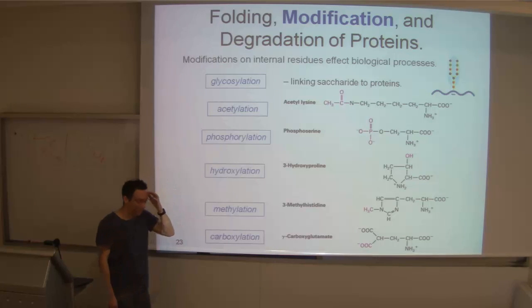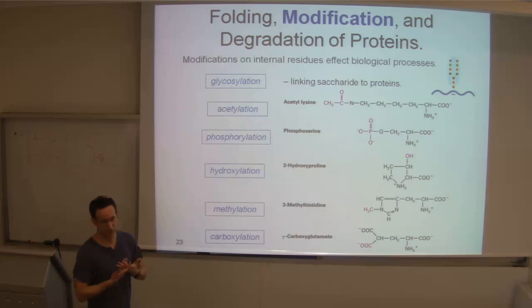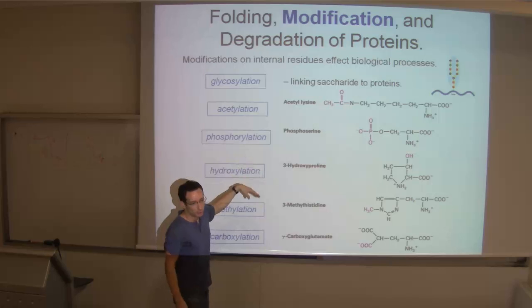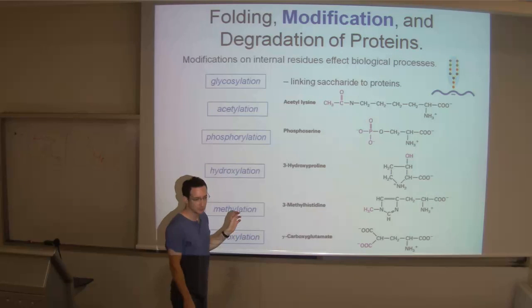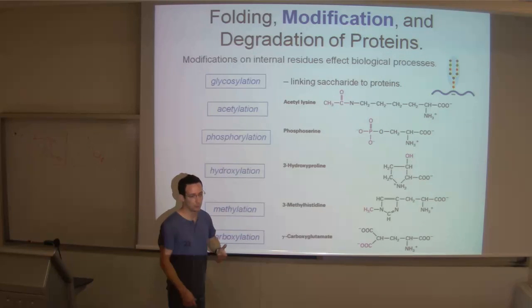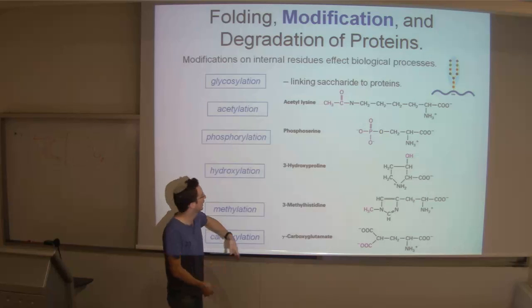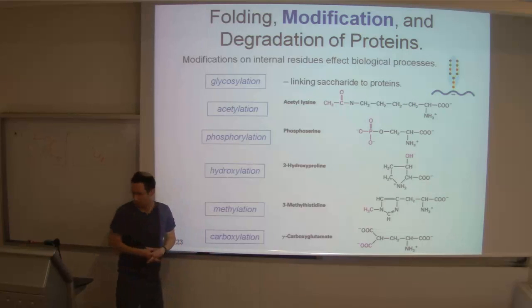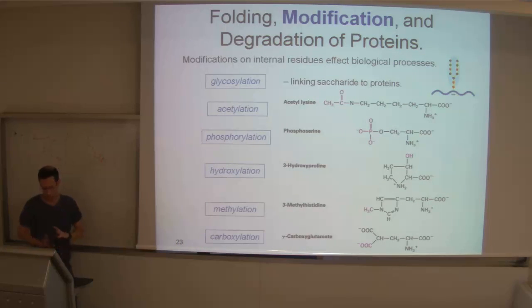Okay, we mentioned that there are 20 amino acids from which polypeptides are built. But actually, when you take into account all possible modifications, there are effectively many more than 20 amino acids. Because again, you can have acetyl-lysine, phosphorylation, and so on. So this is just a note of caution when you try to simplify things.